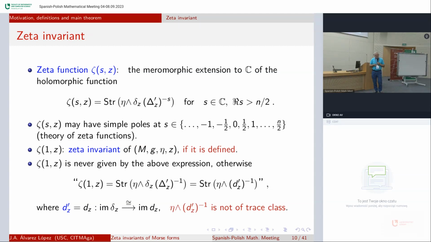In particular, this value of the theta function at 1 is never given by the above expression, because if we take the expression, it turns out to be the inverse of the twisted differential composed with the product by the one form, and this is never of trace class, except in trivial cases.